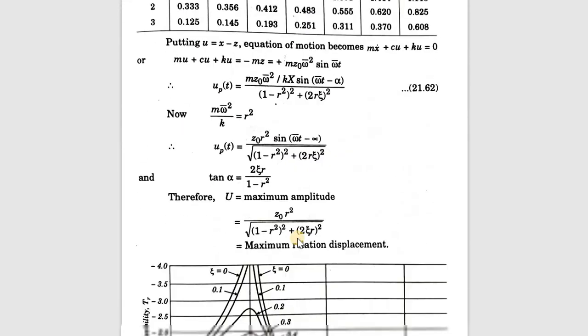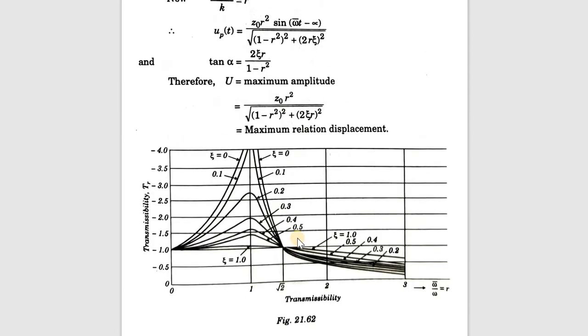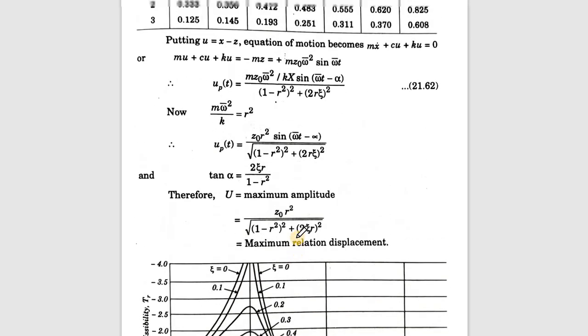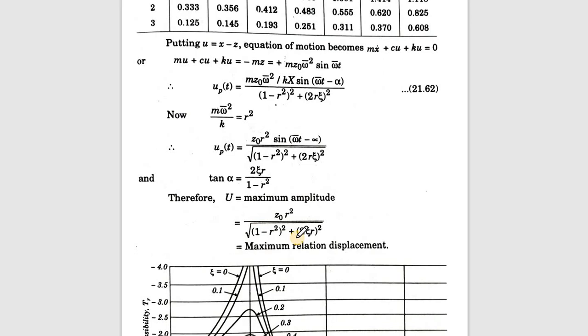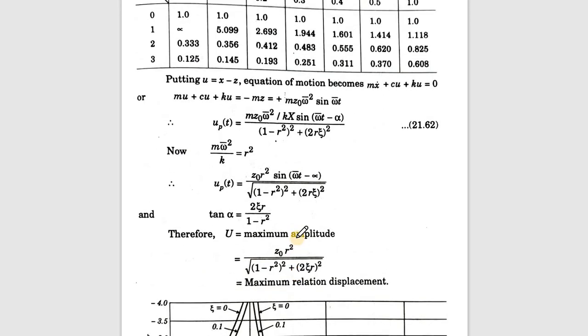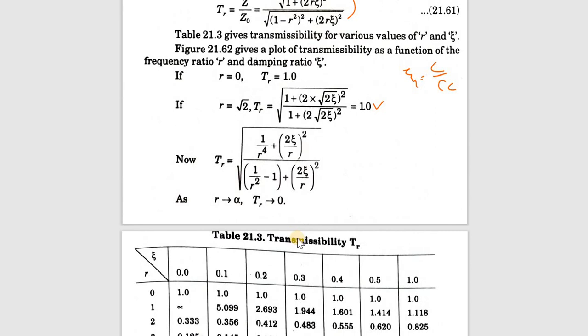A table is there; you just need an idea of it. If I plot these terms, I will get a variation like this. At R equal to root 2, the term will be 1, which is an important condition. You need to understand this transmissibility equation.